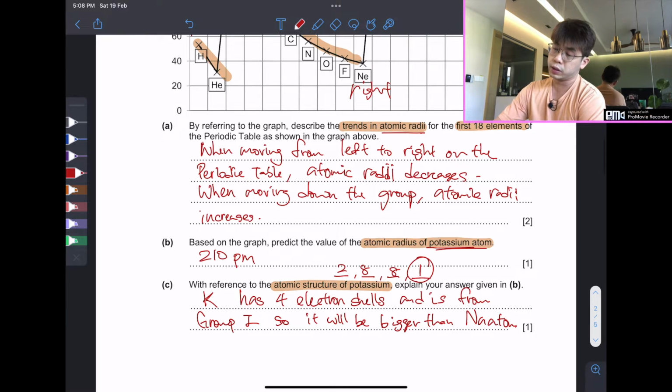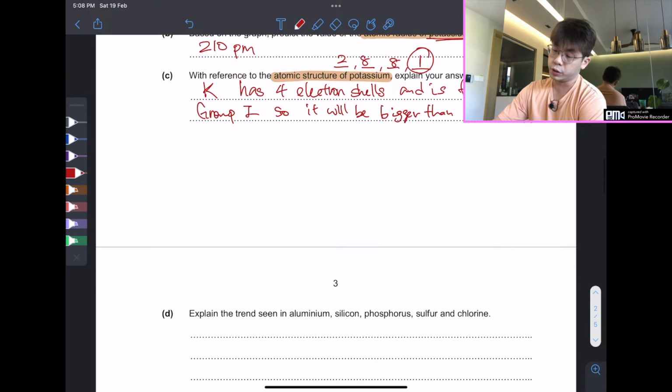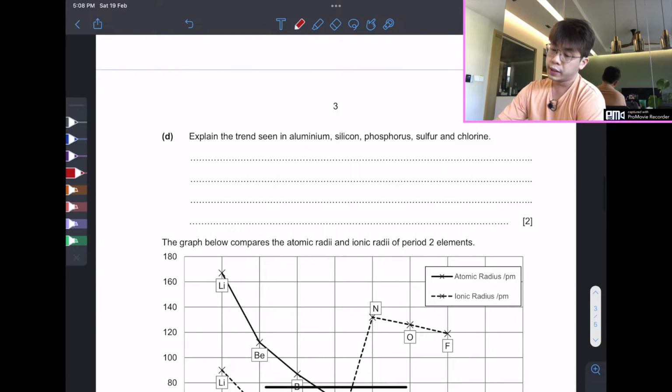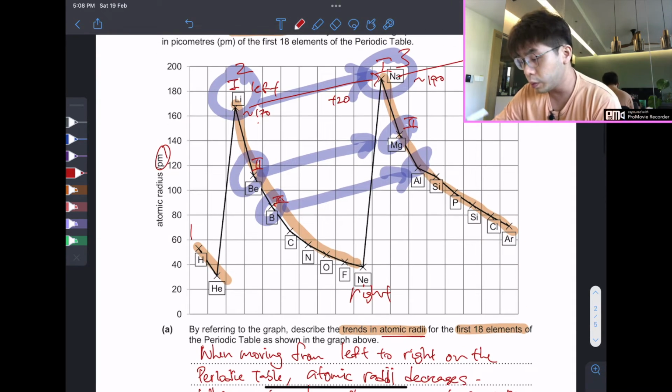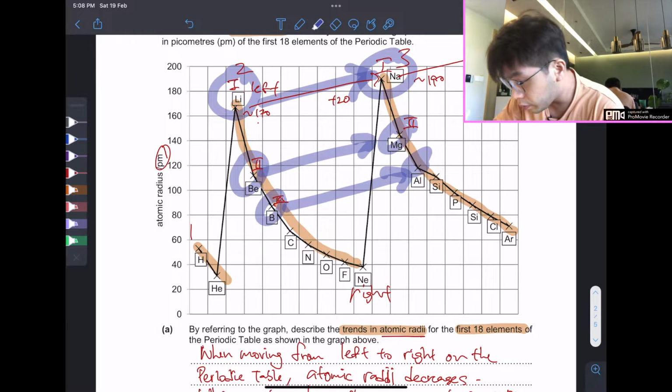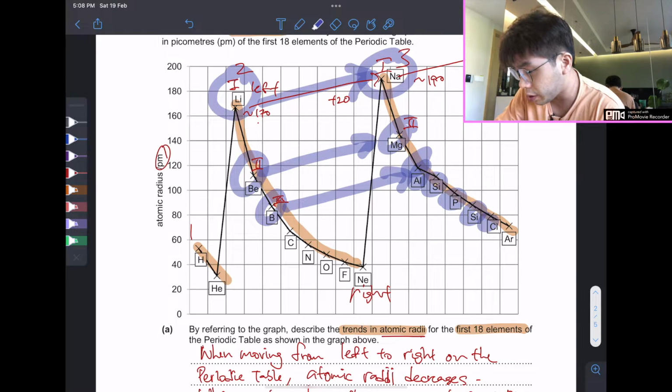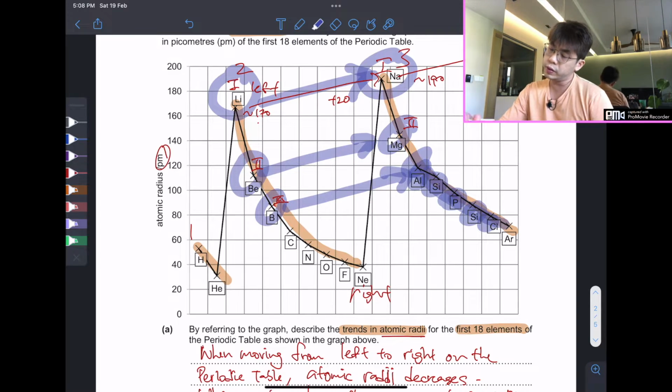Right, so now let's look at the next part of the video, the next part of the question. Explain the trend seen in aluminum, silicon, phosphorus, sulfur, and chlorine. So we got aluminum, silicon, phosphorus, sulfur, and chlorine. So this one over here, you realize that it's going smaller and smaller.